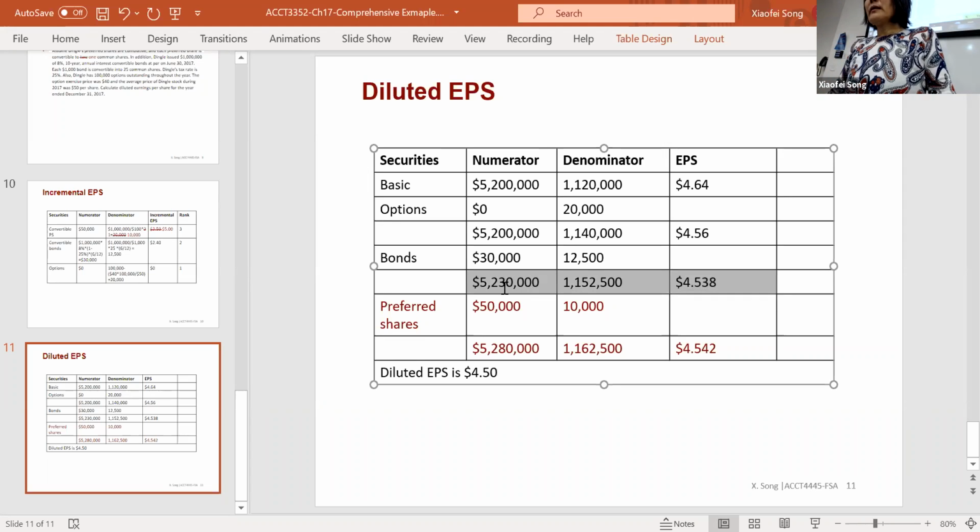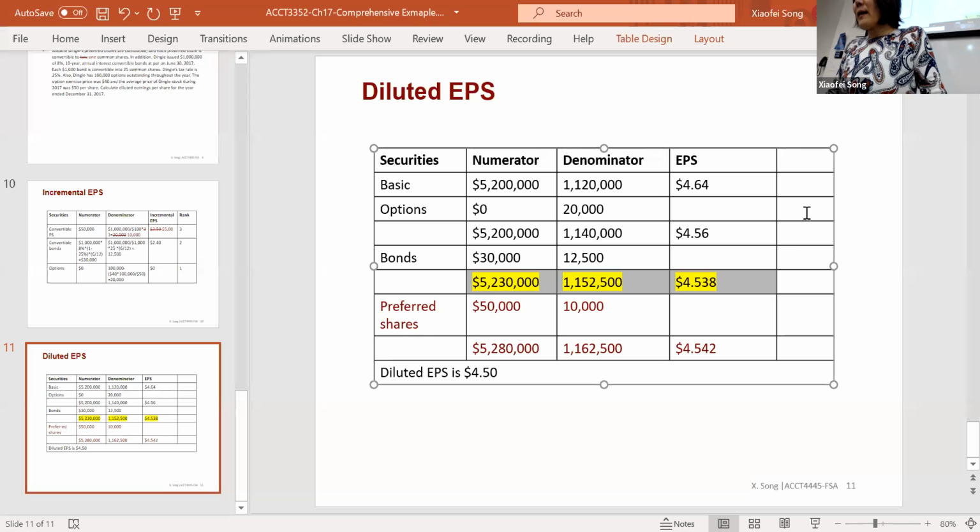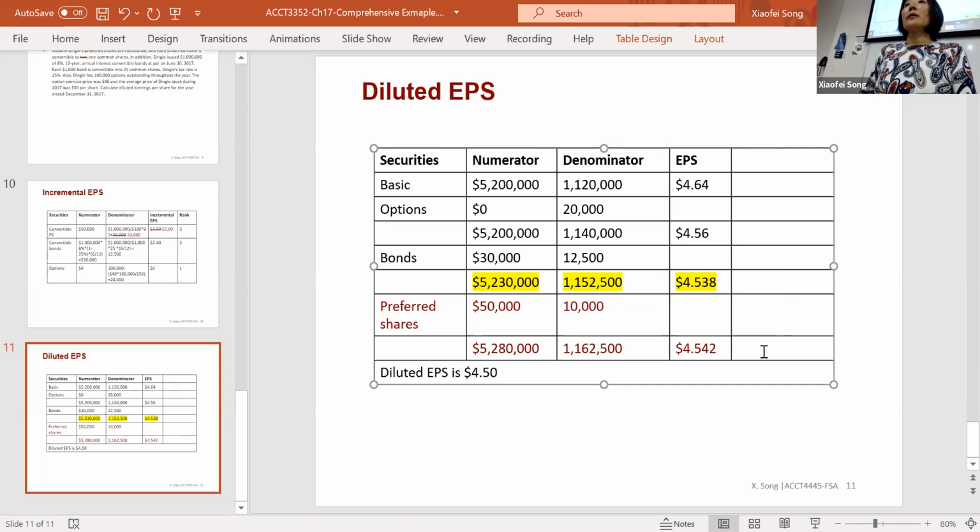So diluted earning per share should be this one. However, when you round it to the cents, it doesn't make any difference. So in principle, this one is anti-dilutive. Okay, so that's just for the sake of making the point. So that should be the basic earning per share.